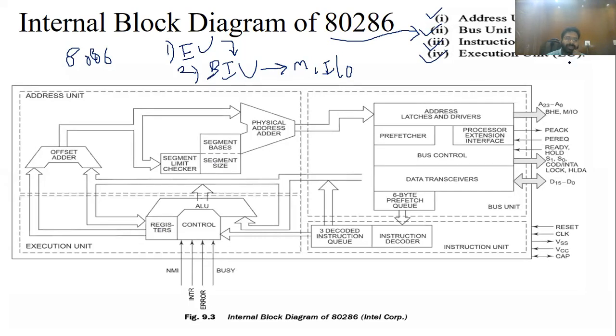The address unit is responsible for generating the addresses that match the address location in memory. Likewise, the 8086 microprocessor also has a 6-byte instruction queue: from memory it takes 6 bytes of instructions at a time and executes them one by one. That operation is similar to the 8086 microprocessor.